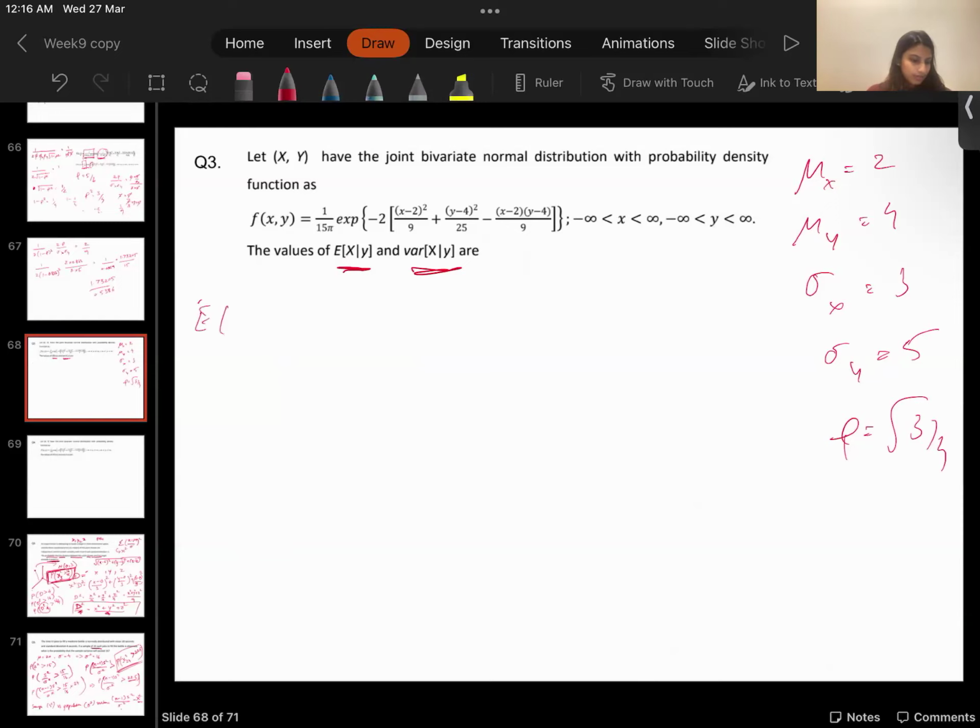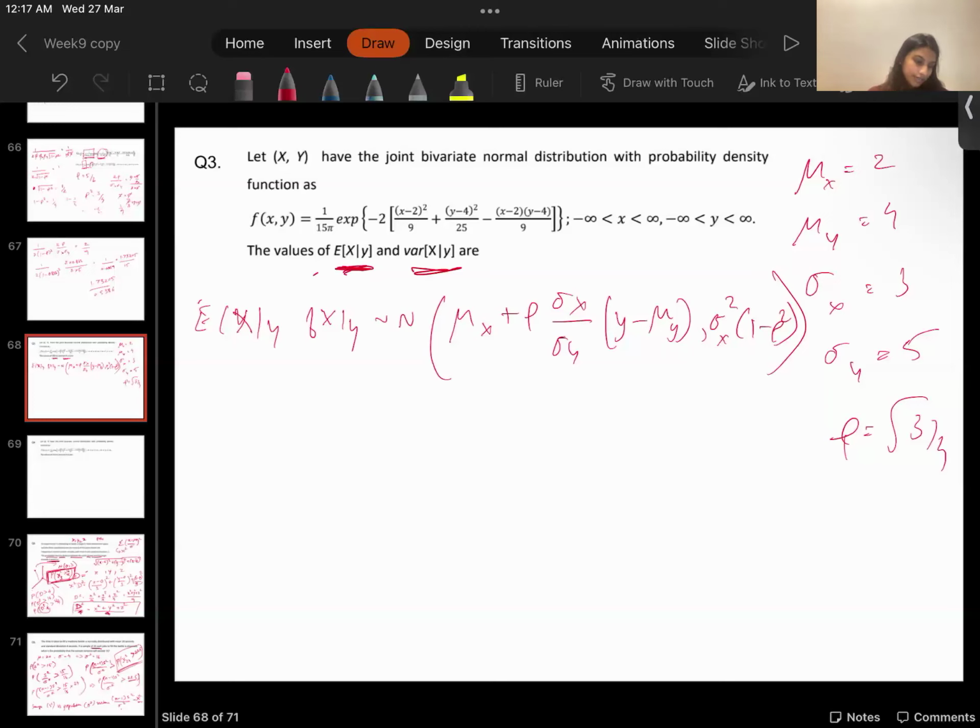The expectation of x given y: basically, f of x given y follows a normal distribution with mean mu x plus rho sigma x by sigma y times (y minus mu y), and variance sigma square x times (1 minus rho square).